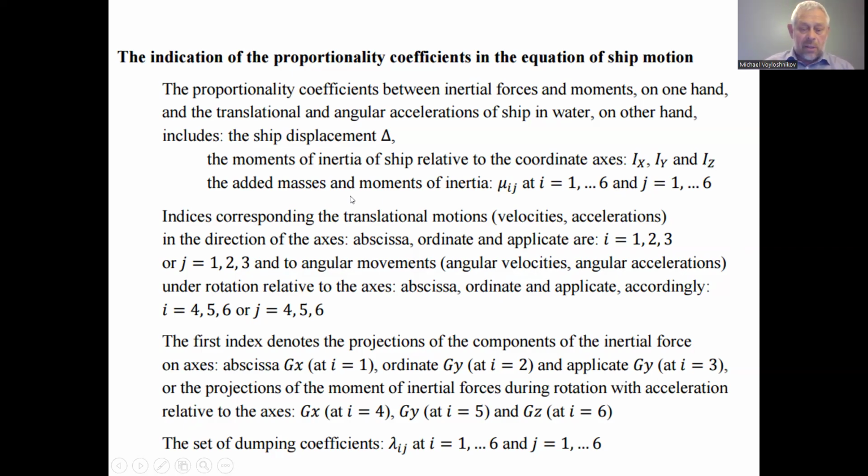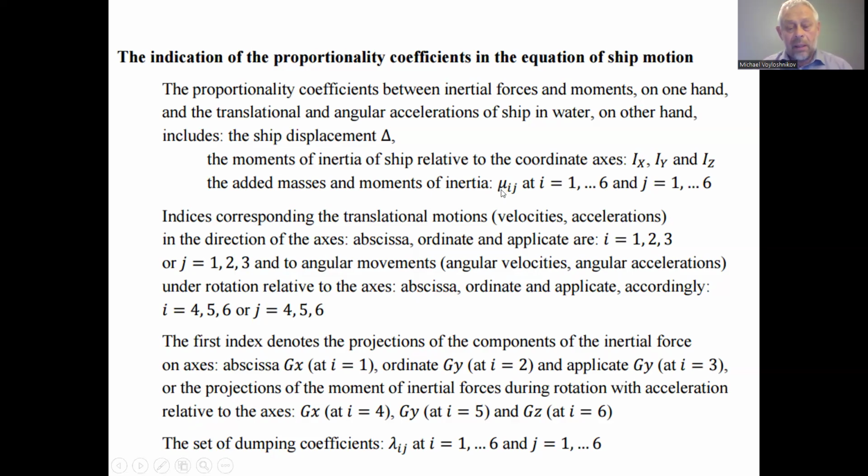And besides, the characteristics of inertia are the added masses and the added moments of inertia, these characteristics of the impact of water on the inertia of the ship when it moves in the water.